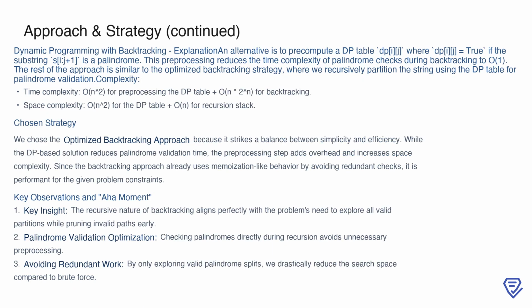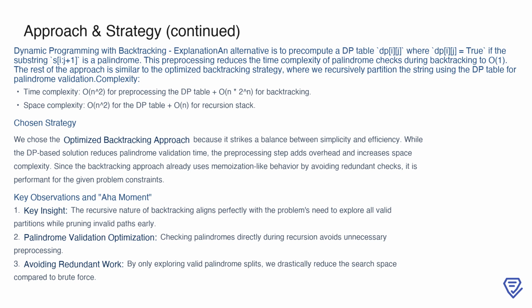An alternative strategy to backtracking is to use dynamic programming alongside backtracking. This involves pre-processing the string to create a DP table where dp[i][j] is true if the substring s[i..j+1] is a palindrome. With this table, we can validate palindromes during backtracking in O(1) time, further improving efficiency.